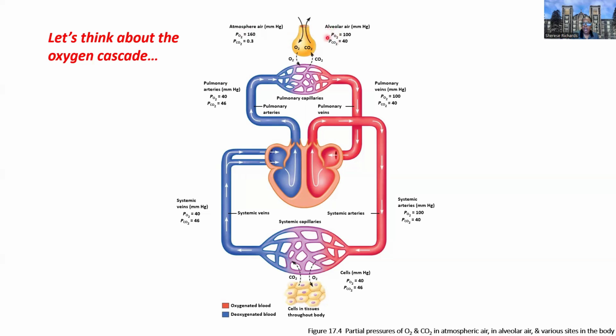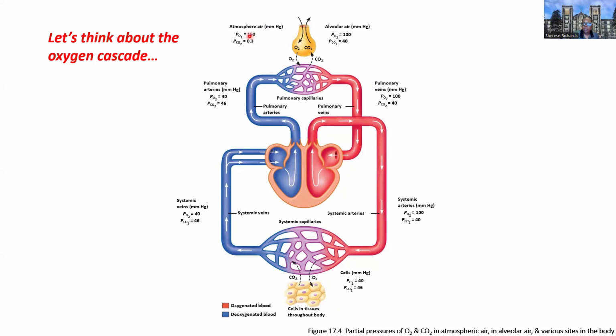So the partial pressure of oxygen is now 100, partial pressure of CO2 is 40. It's actually increased. So notice how the individual partial pressures are different, although it's the same gas mixture, but they each have their own separate partial pressures that will determine their partial pressure gradients and the direction of movement.